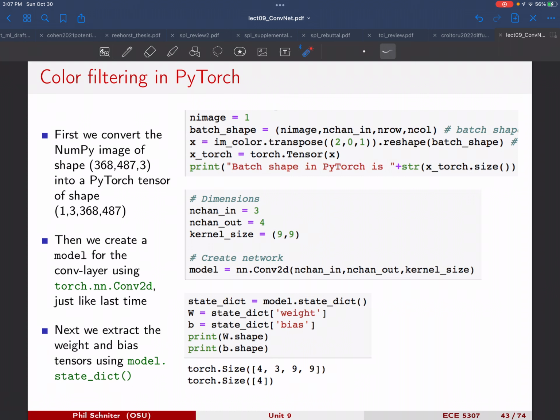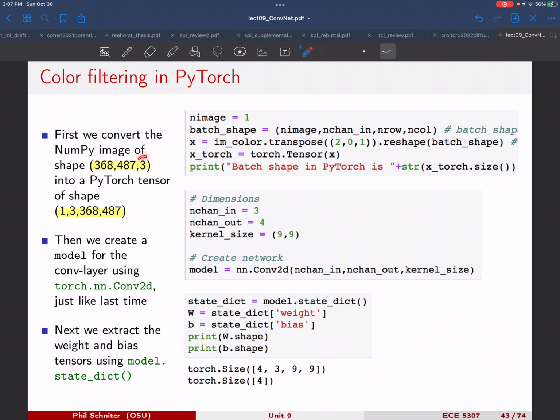Now, this next line is where we convert the sizes. We do this with the transpose operation. It's a generalization of matrix transpose that works with tensors. Essentially you tell it the order of the different tensor dimensions, how you want them to be read out. So this says go to the original image and first take dimension 2, then dimension 0, then dimension 1.